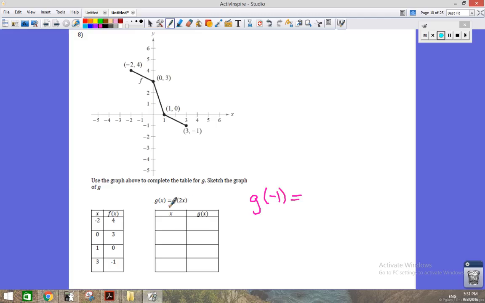Well, this equation is telling me that I can use the table of f if I take 2 times -1, which is -2, and f evaluated at -2 is 4. So I know that -1, 4 is going to be a point that's on the graph of G.